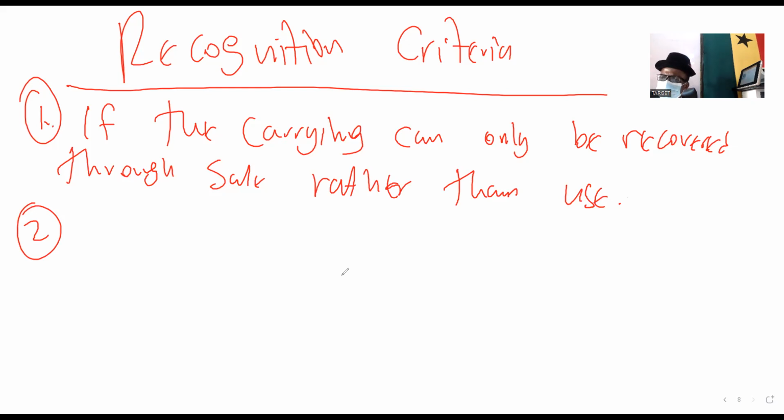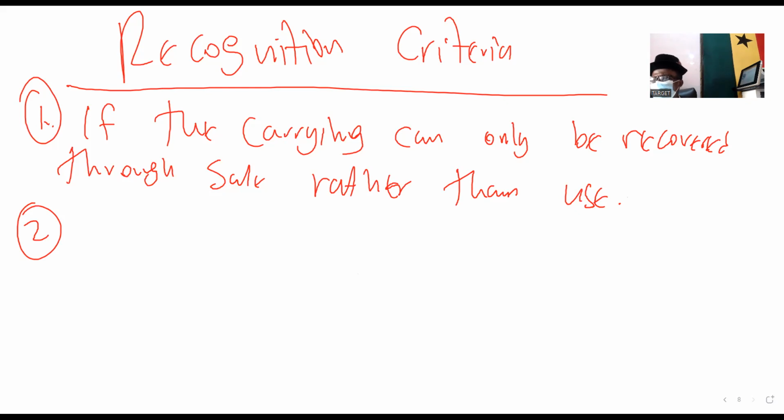Then the condition 2. Condition 1 clearly states that if you can only recover the value of the asset through sale, that's what it's trying to tell us.